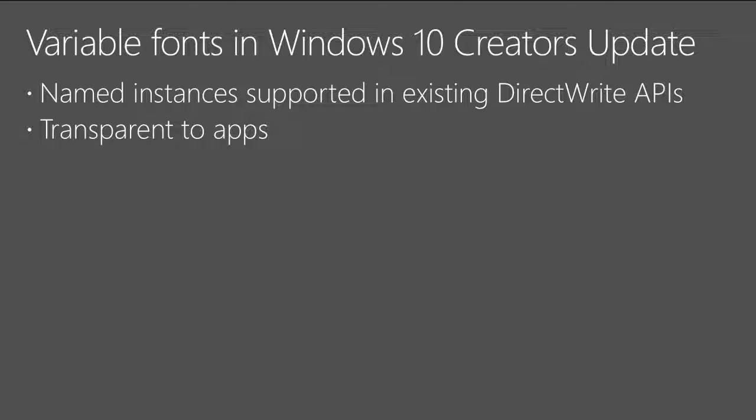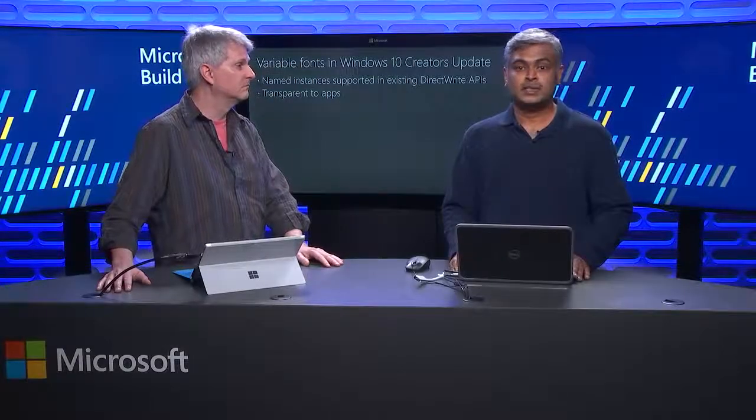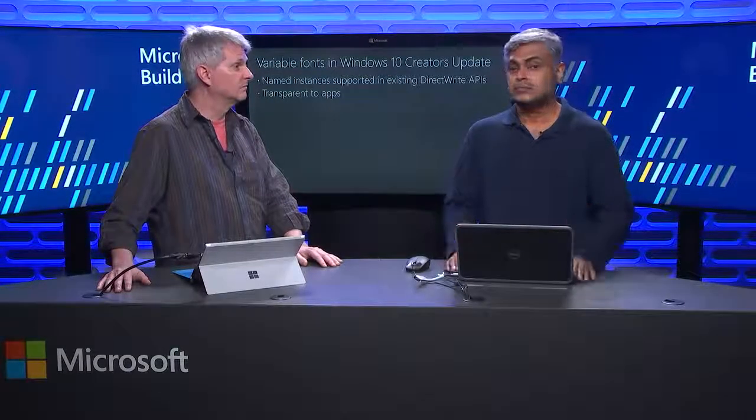So if you have some code which you wrote using DWrite or any of the frameworks that use DWrite internally, like XAML, and you run your existing app on the Windows 10 Creators Update, and you have a variable font installed, then your app is going to be able to access the named instances defined within that variable font just as is.